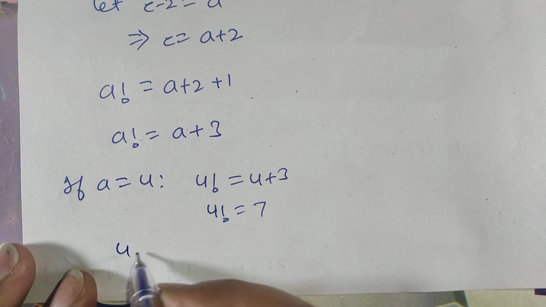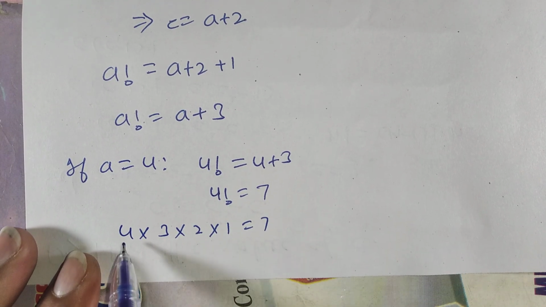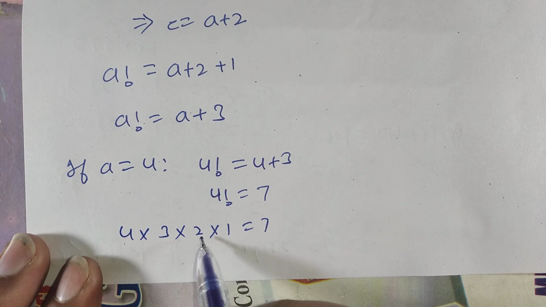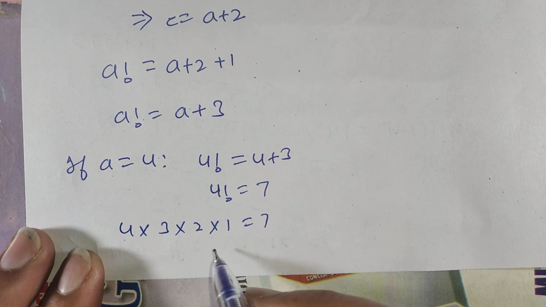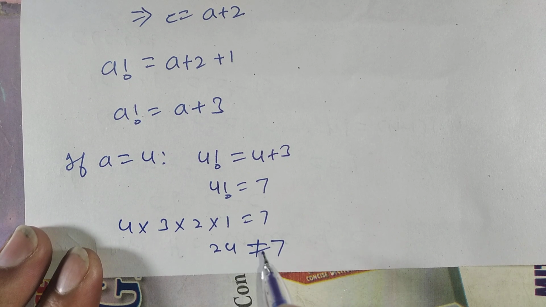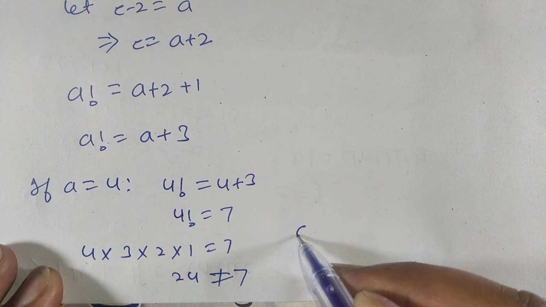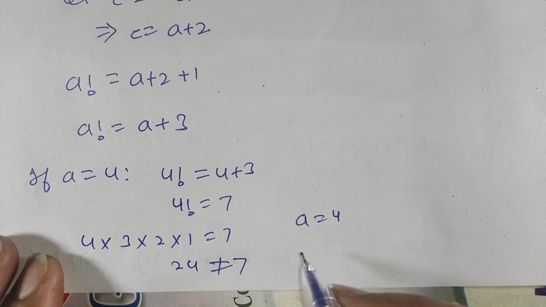Factorial 4 means 4 into 3 into 2 into 1: 4 times 3 is 12, times 2 is 24, which is not equal to 7. Then a is equal to 4 is not possible.